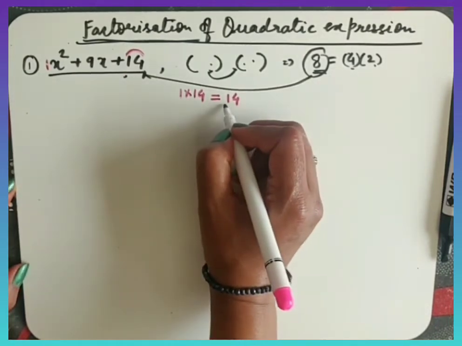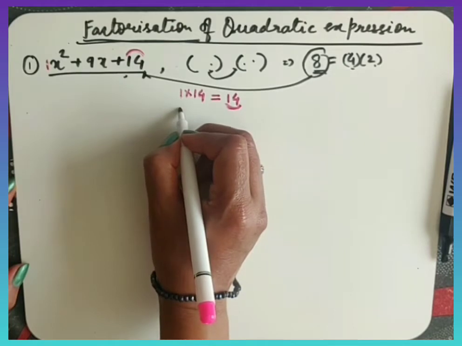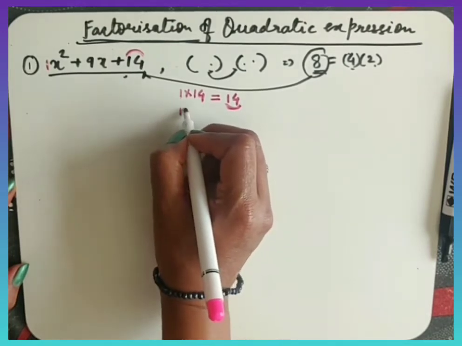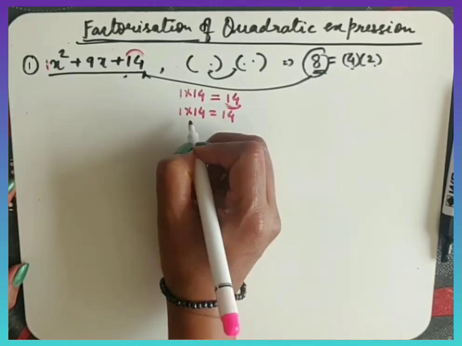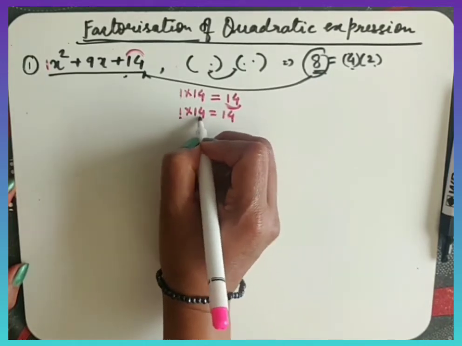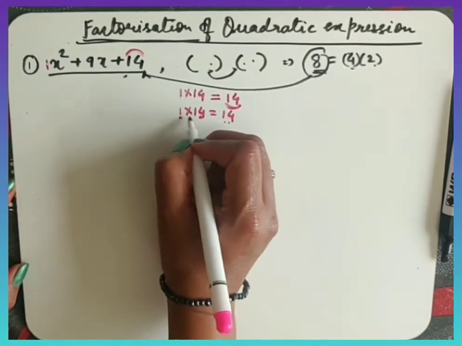And now you have to find all the factors of 14. Start from 1: 1 multiplied by 14 gives 14, so 1 and 14 are two factors of 14.